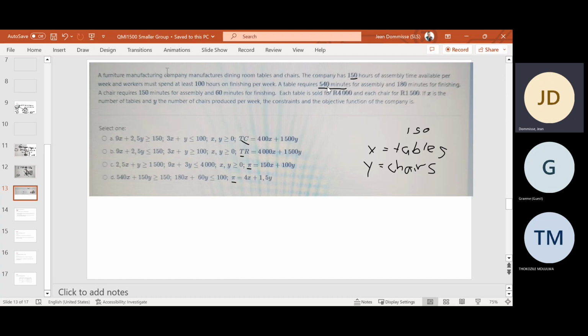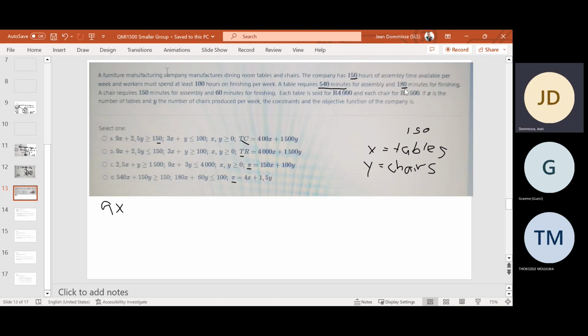So I would rather work in hours in all of these instances. 540 minutes is 9 hours. So a table requires 9 hours for assembly.